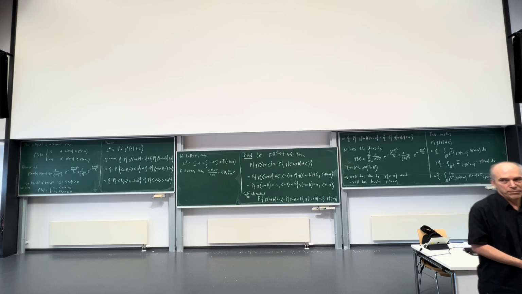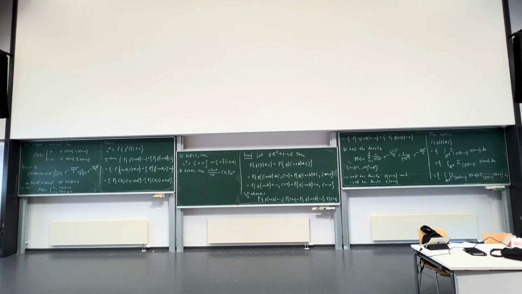And now this is normally distributed, first point. Second, what's the expectation? Zero, because all the components of n have 0 expectation.